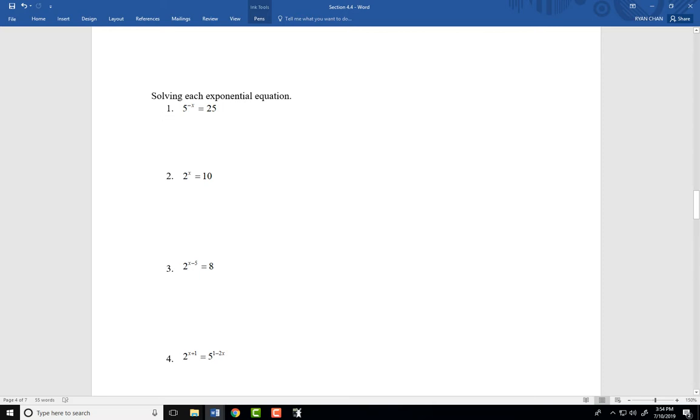For number 2, the situation is this: I notice that I have 2 to the x, and my unknown, which is my x, is in the exponent, which is going to be hard to solve. So I need to think about how to get rid of that.